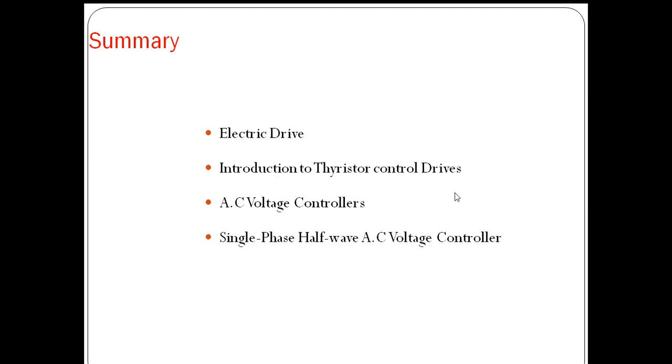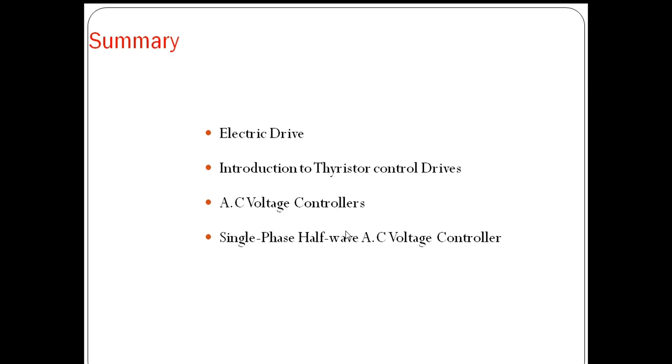We have seen the introduction to thyristor control devices. As thyristor control devices have more advantages, being fast acting and small in size, we have seen their importance and introduction to thyristor control drives. We have seen the AC voltage controller. AC voltage controllers are thyristor based devices which convert a fixed AC voltage into a variable AC voltage without changing frequency.